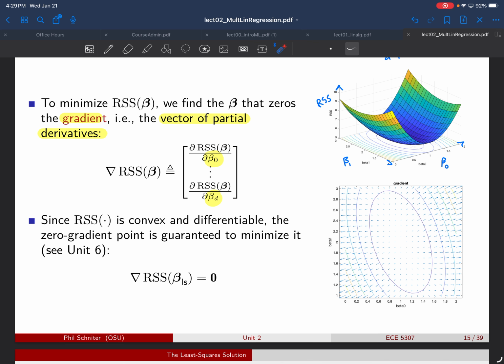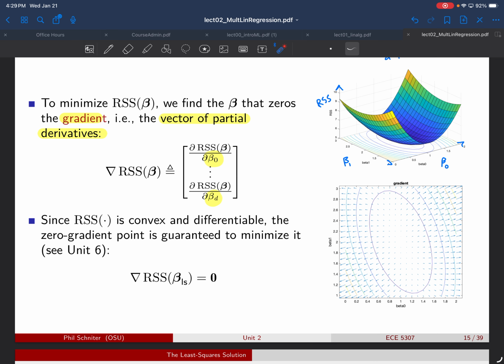We will be talking a lot more about the gradient in Unit 6 when we talk in detail about optimization. There's some mathematical theory that says if the loss function is convex and differentiable, then this approach, which is finding the 0 gradient point, is basically necessary and sufficient. So that's our approach.